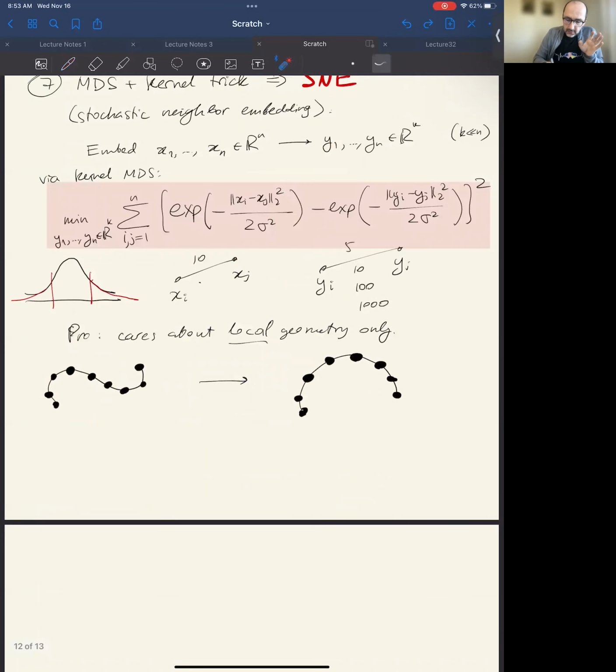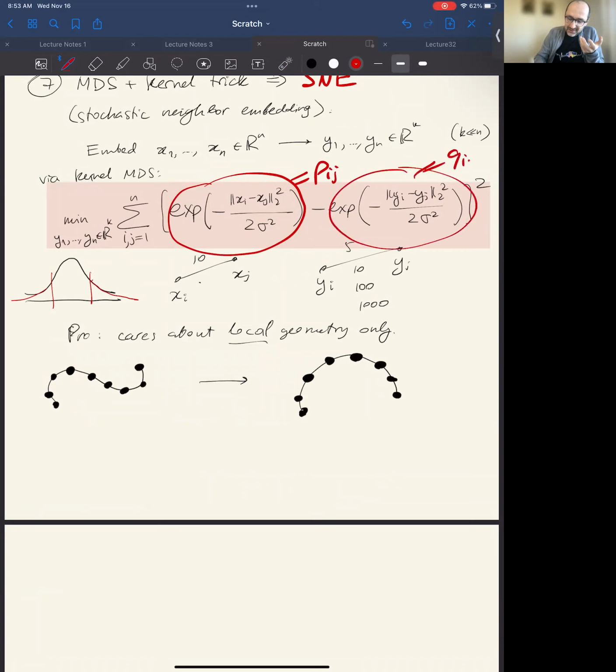The moment we represent this as e to the minus something squared over 2 sigma squared, it reminds us of probability. This looks like Pij, and this looks like Qij. The probabilities for the normal distribution.